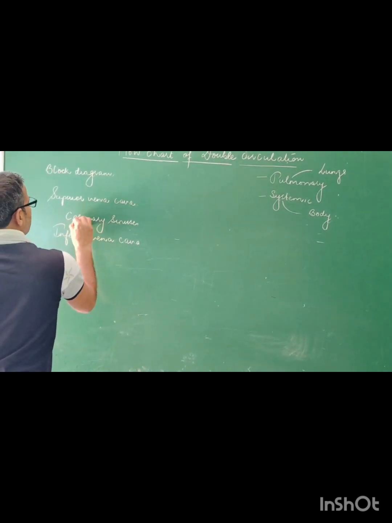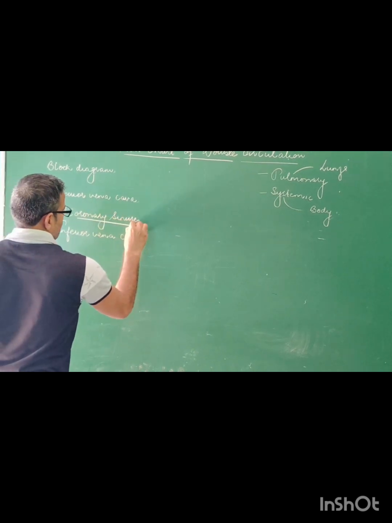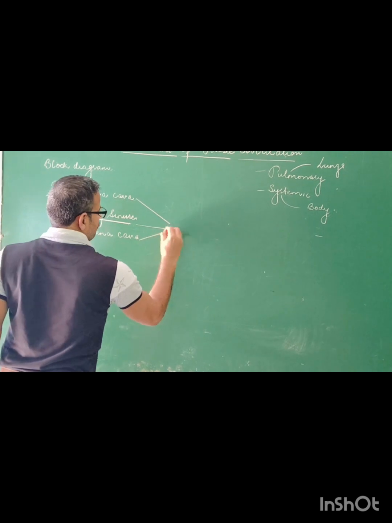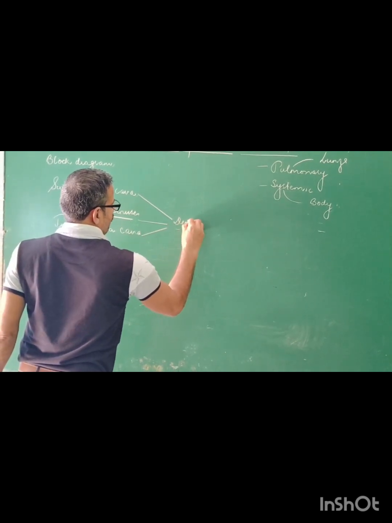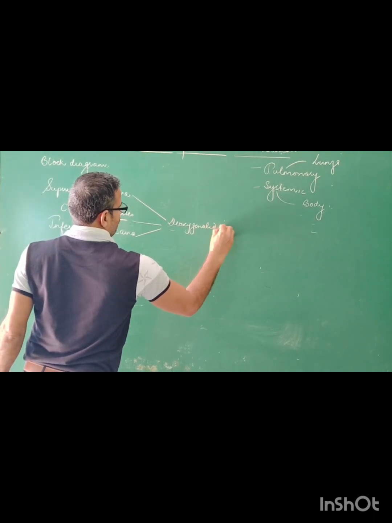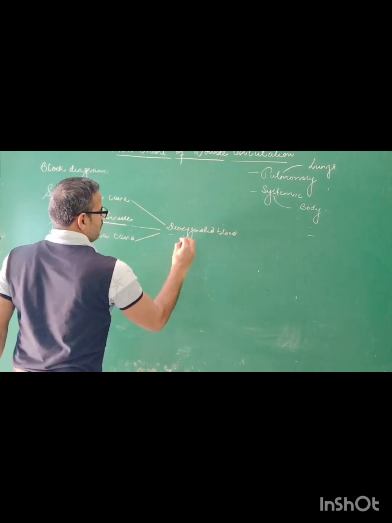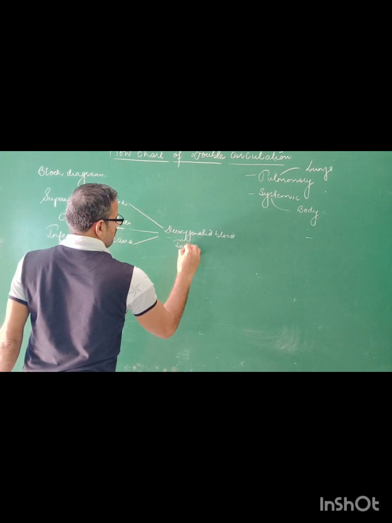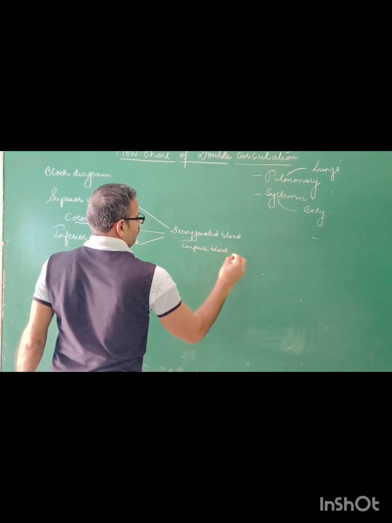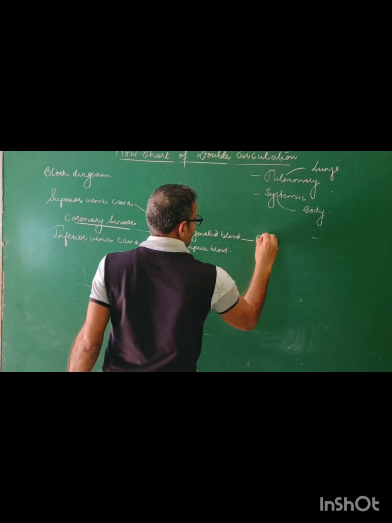It is a blood vessel of heart. So all these three, they pour deoxygenated blood. Deoxygenated blood means impure blood, to right auricle.